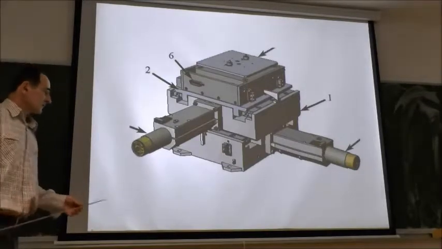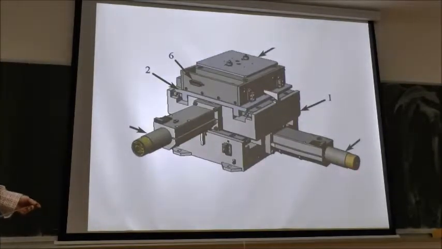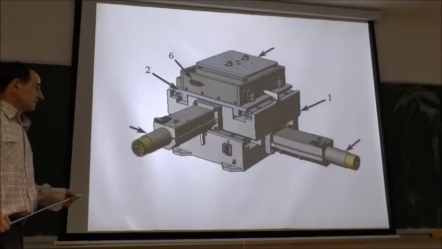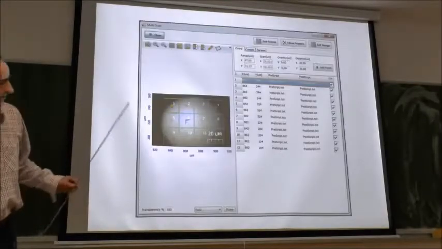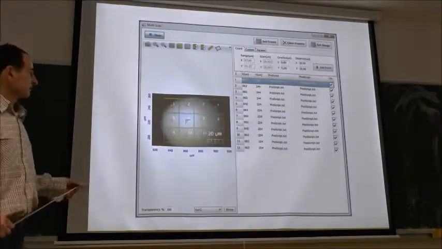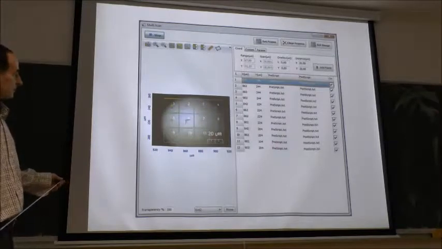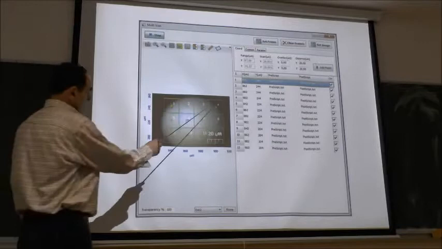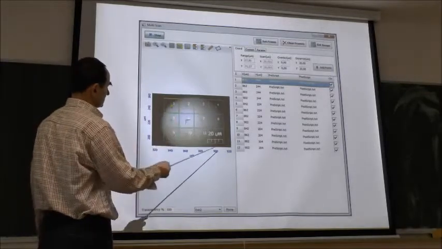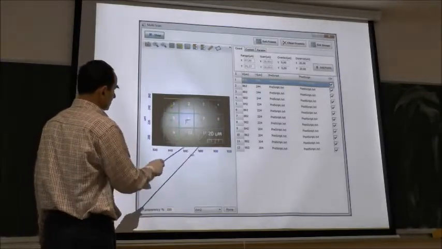There is also an X-Y scanner, with which you can travel 7 centimeters in one or the other direction. It is a mechanical one, but the resolution is pretty high. It's below 1 micron. This is the video camera image in the microscope.